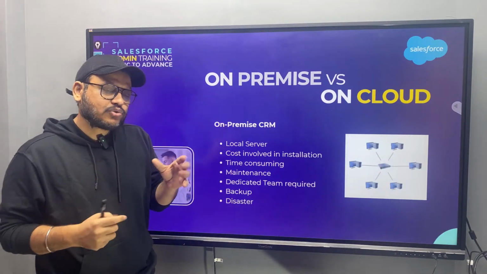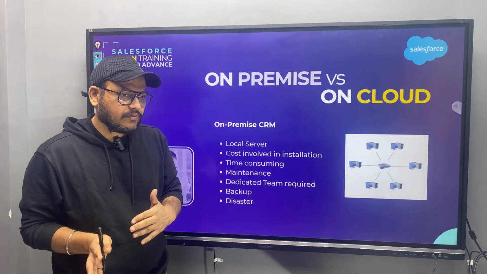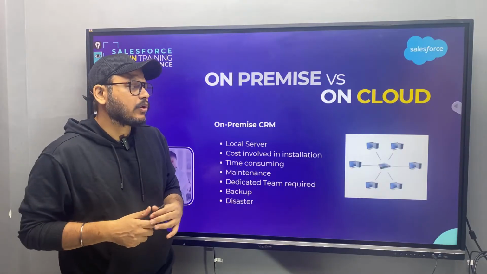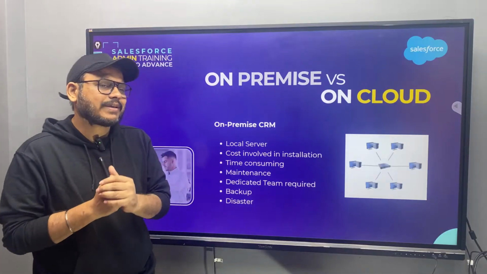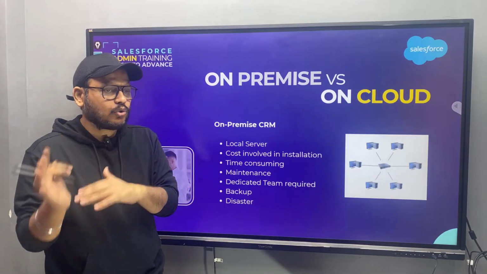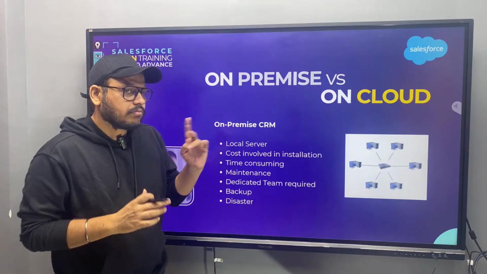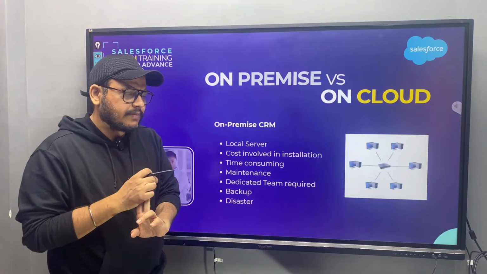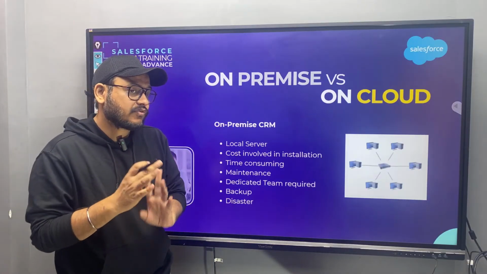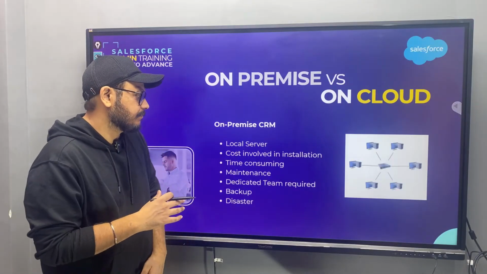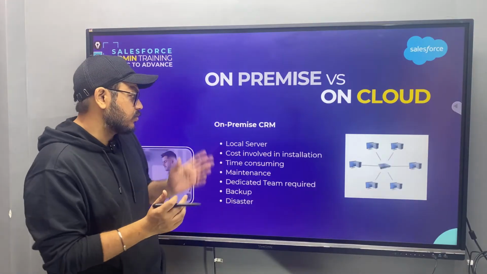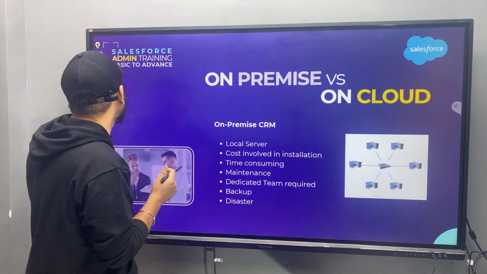So data can be stored either locally in a local server, which is within your premise, or the data can be stored on the cloud. On cloud is something which is accessible through the internet. So there are two types of CRMs which you would find. There are CRMs which would store data locally in the on-premise server, and those are referred to as on-premise CRM.